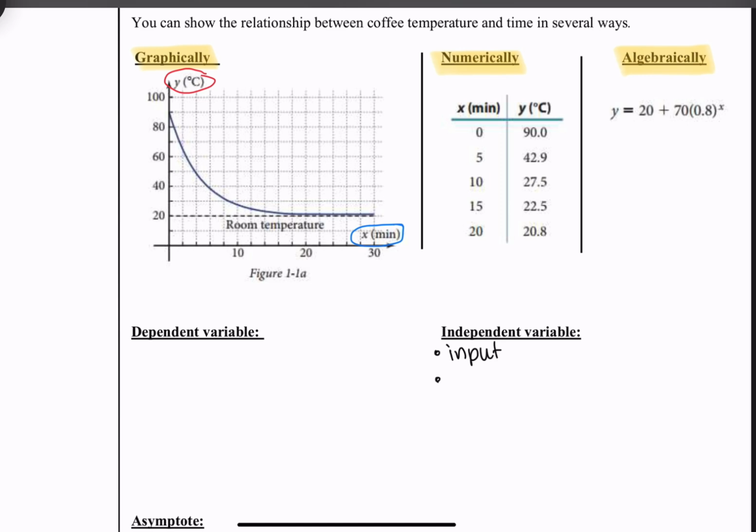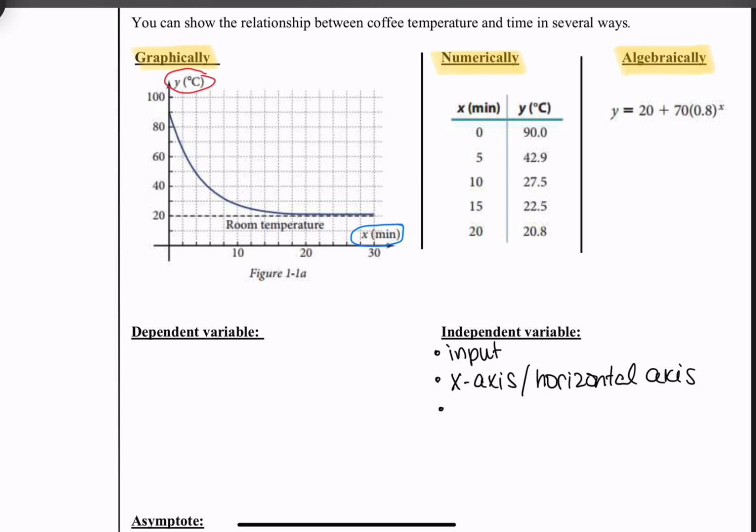That's another reason why I'm starting with independent variable, because when we graph points, we usually go along that x-axis first. However, we're not just going to think of this as the x-axis because it doesn't always have an x representing it. In this situation, it does. And in this situation, it represents minutes. But let's also just call this the horizontal axis, because we may use other variables to represent it.